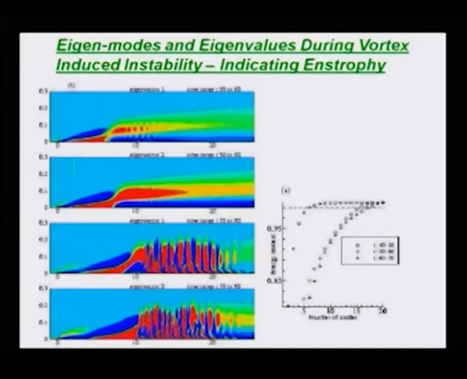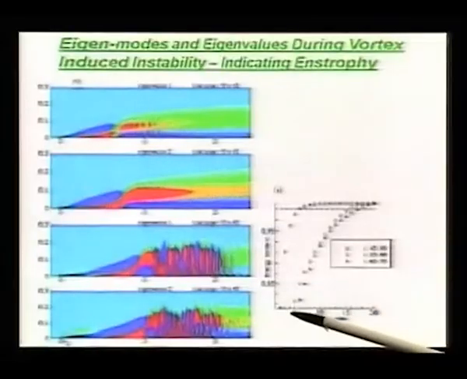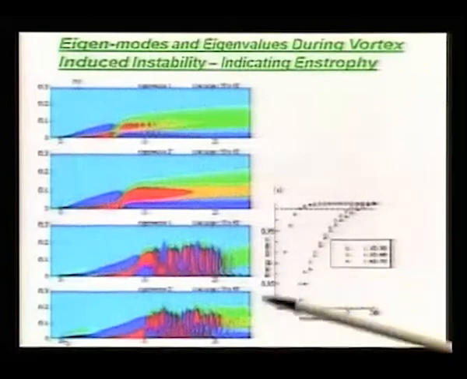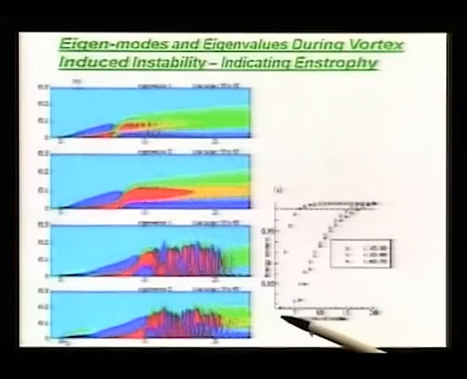What you notice is that when the primary instability has not started vigorously, like the time interval between 40 and 50, then you look at the way the energy cumulatively increases. So, this first mode may account for almost 80%.